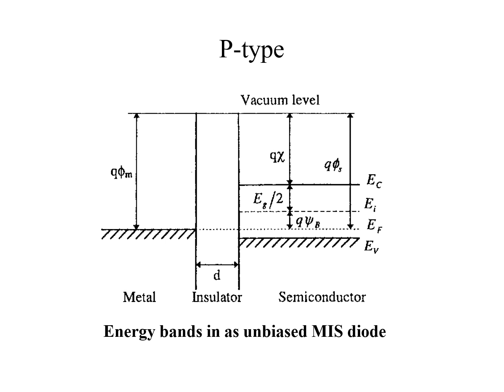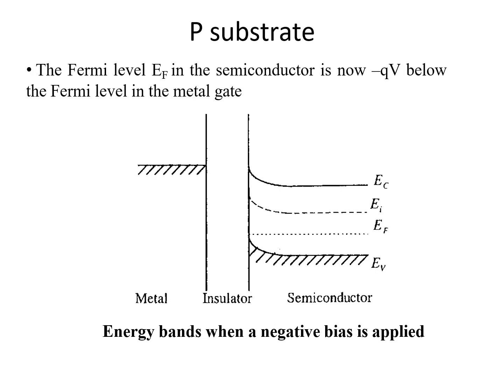Eg by 2, where Eg is the energy band gap divided by 2, is the distance between intrinsic semiconductor and the conduction band. q psi B is the difference between Ei and Ef. So this is in unbiased condition, no supply is given. Here is how the level of each and every band is arranged. The semiconductor is taken as a P-type substrate.